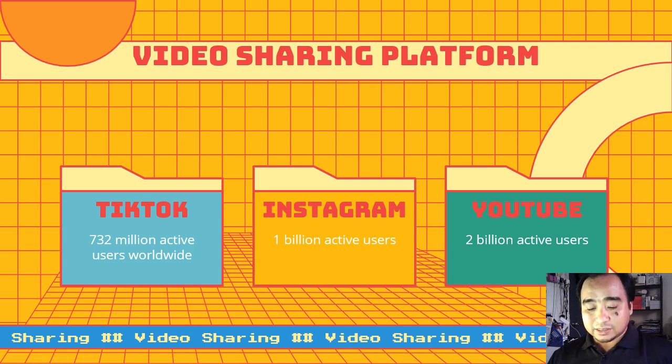There are roughly 732 million active users worldwide for TikTok. For Instagram, they have around 1 billion active users. And finally, for YouTube, we have around 2 billion active users worldwide.